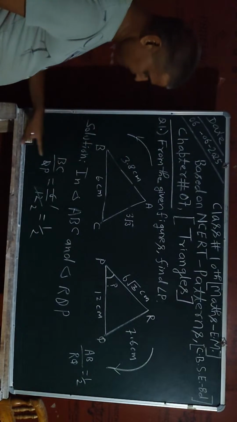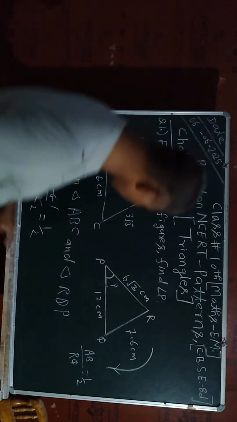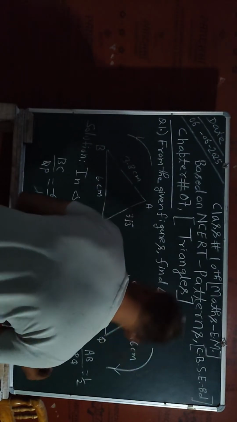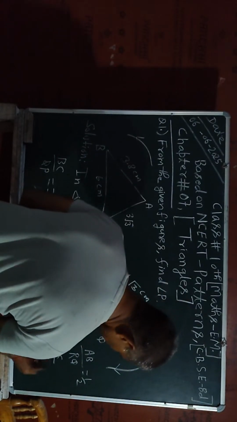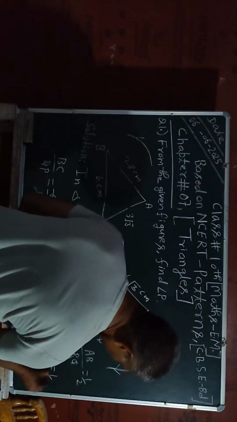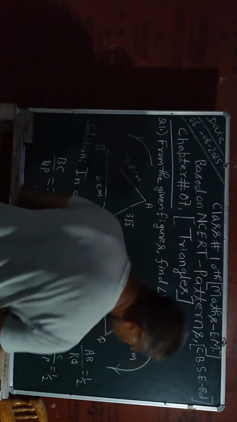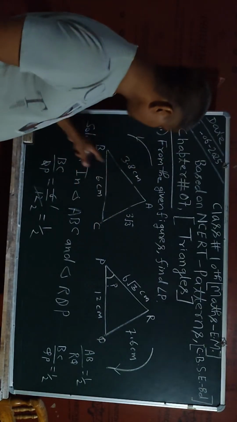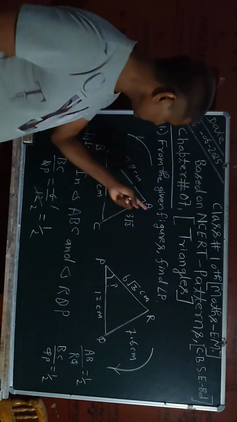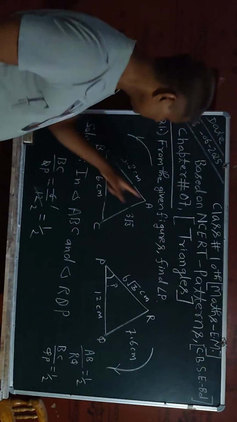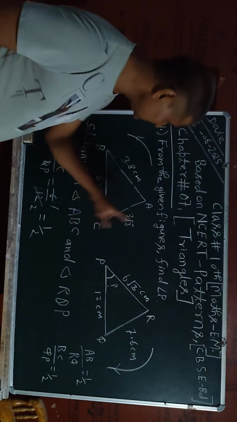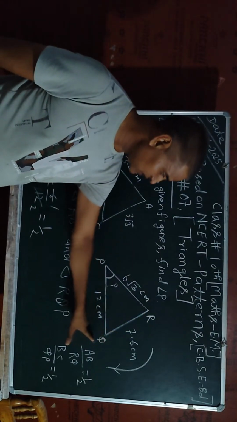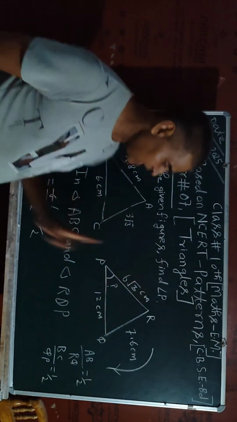Now BC upon QP, its value is 1 by 2. So here I will write BC divided by QP, which is equal to 1 by 2. So this value I have got. Now the third ratio I will also get. I will go from A to B, C, and from R to Q, P, and then R.